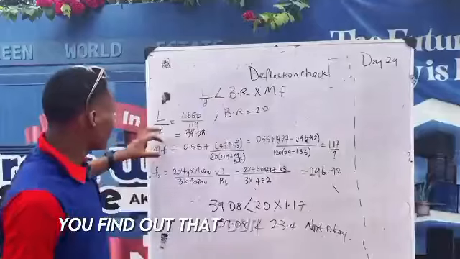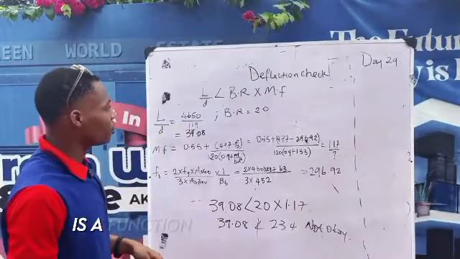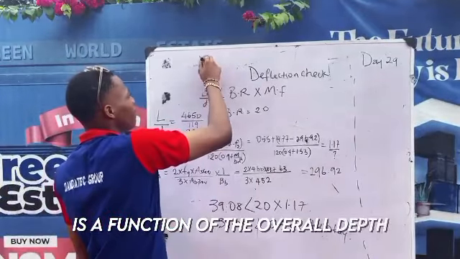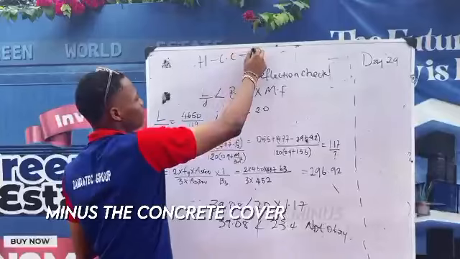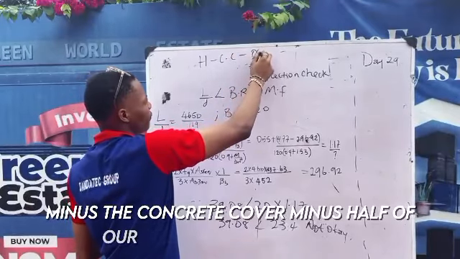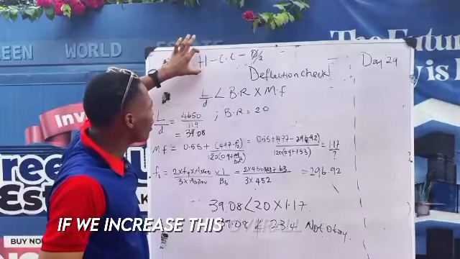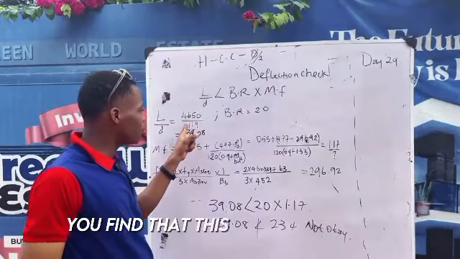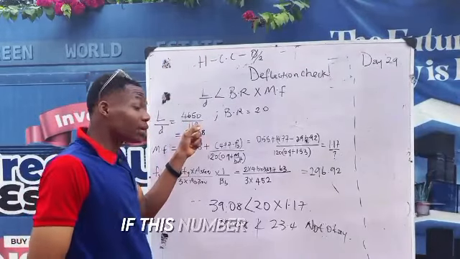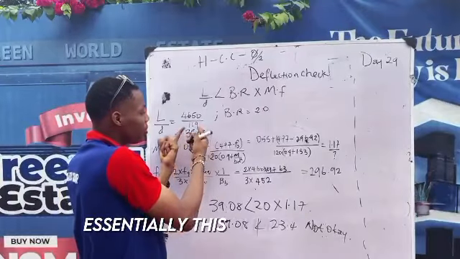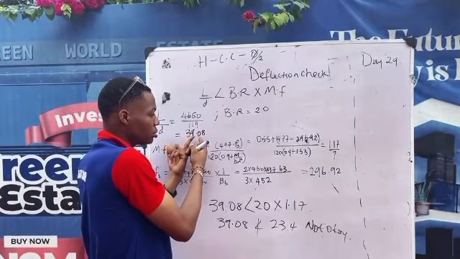You find out that our effective depth is a function of the overall depth minus the concrete cover minus half of our reinforcement diameter. If we increase this overall slab depth, you find out that this number increases, and if this number increases, essentially this number reduces. That's what it means.